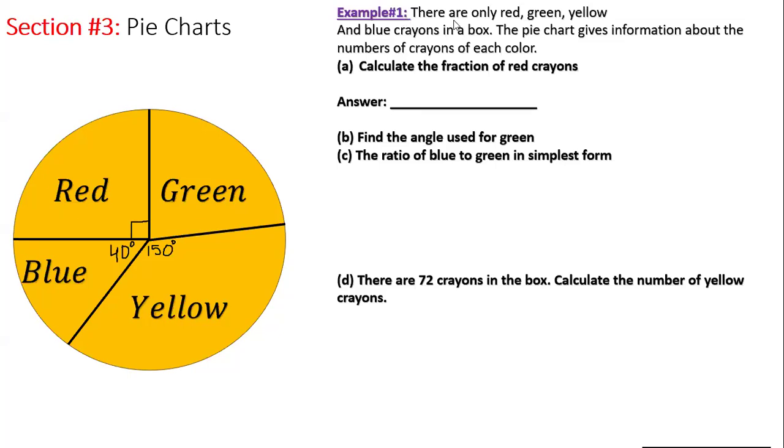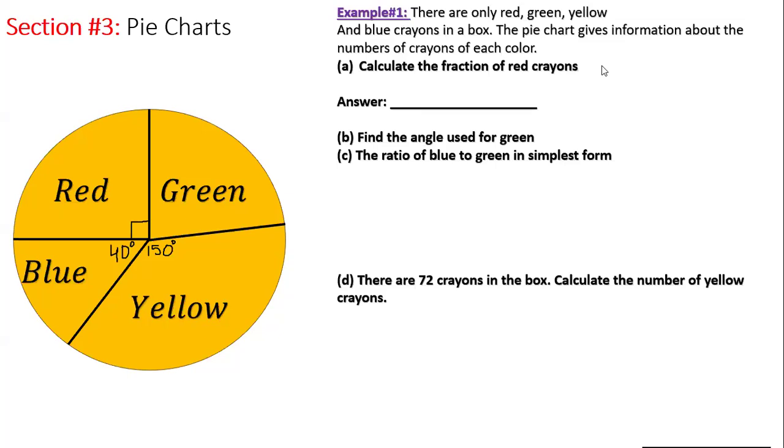Go ahead, Aliyah, read example number 1. There are only red, green, yellow, and blue crayons in a box. The pie chart gives information about the numbers of crayons of each color. Read the whole thing.